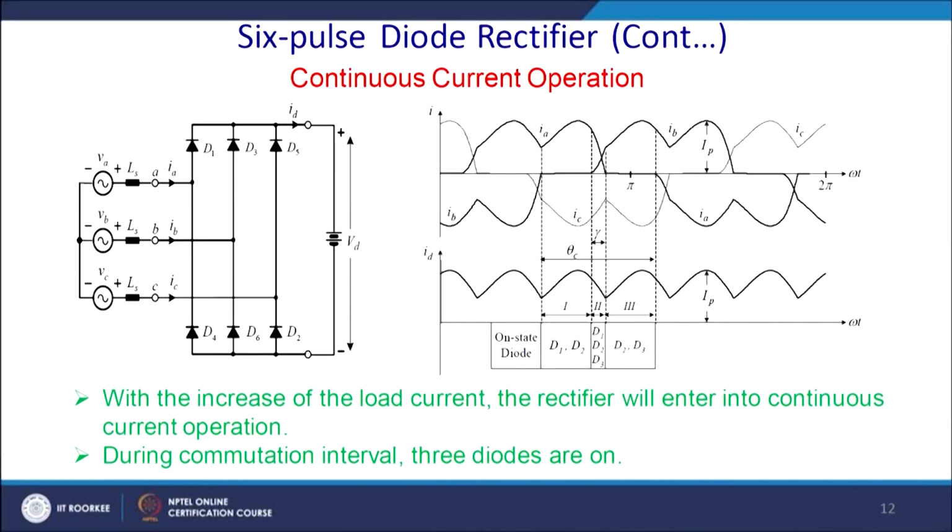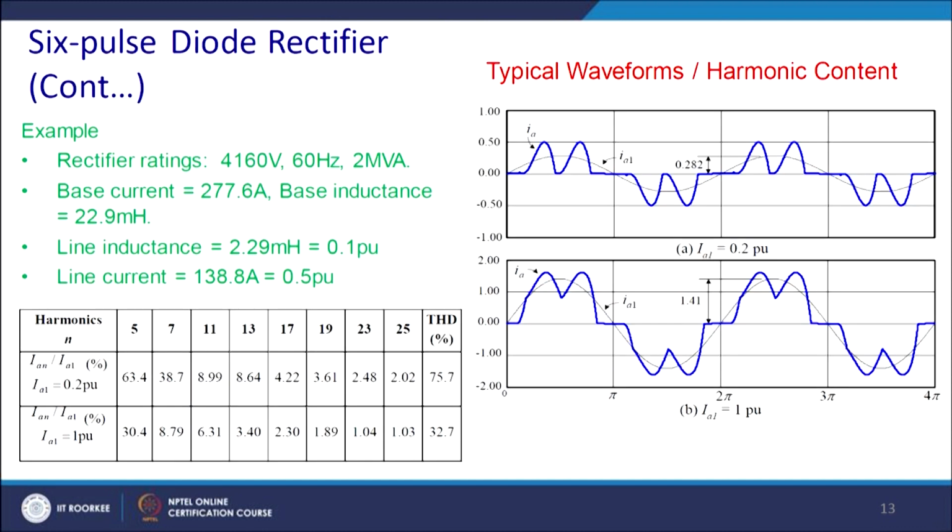So, with the increasing load current, the rectifier will enter into the continuous current operation, and during the commutation interval there are actually 3 diodes in operation. Now, there is an example we can cite. The rating is a quite high value rectifier. It is a USA system, so it is 60 Hz.